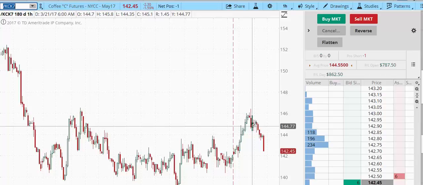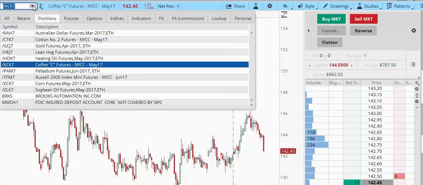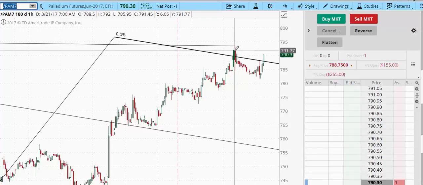So what happens for me is that right now I have 5 or 6 positions on, and 1 or 2 of them are in things that are heavy movers dollars wise, and one of them is coffee and one of them is heating oil. And one of the things you have to watch out for is positions where the liquidity isn't real high.